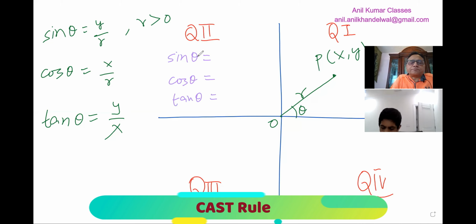Sine theta is negative. No, sine theta is the y value. Y value is positive. Yeah. Cos theta is negative, and tan theta is negative. If I move to the other quadrant, how will this change?